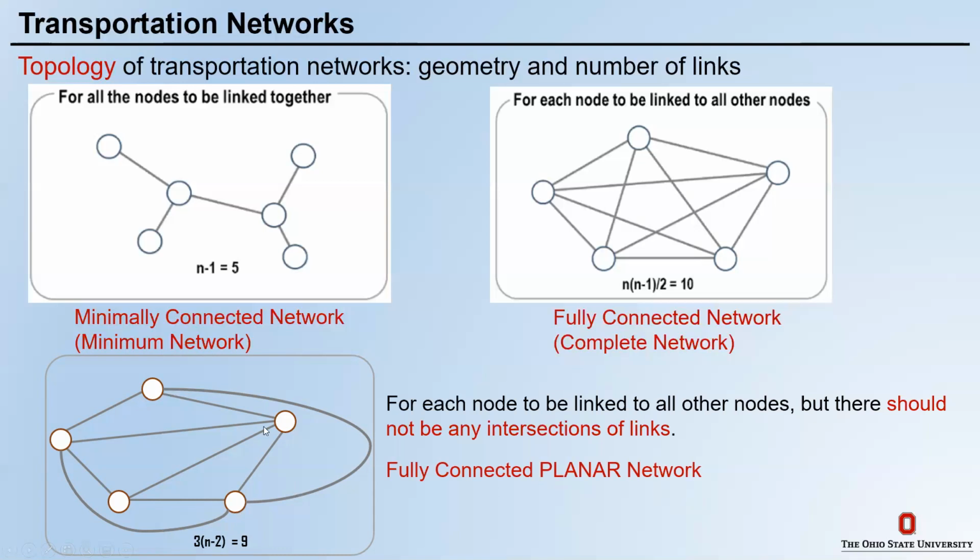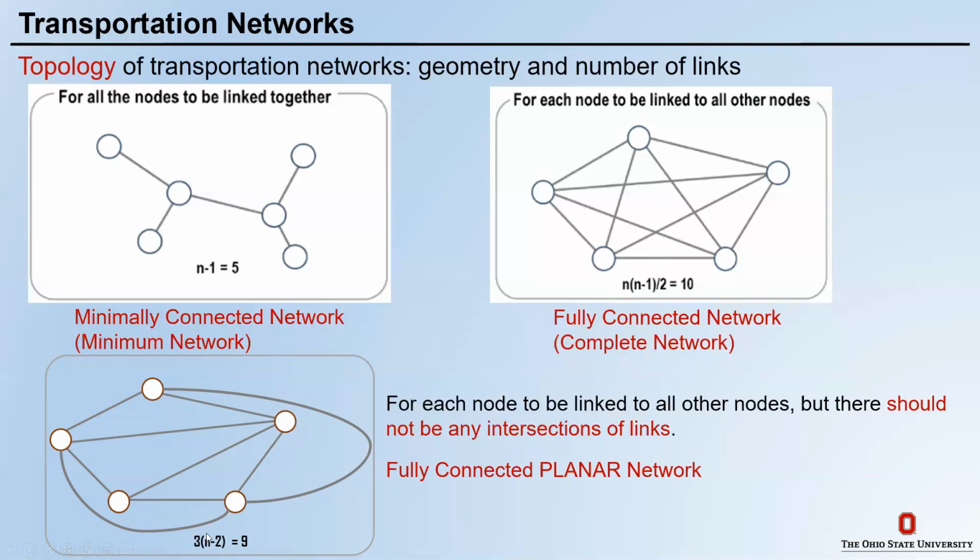Okay, for this type of network, the number of links equals 3 multiply the difference between n and 2. So here we have 1, 2, 3, 4, 5, still 5 nodes, just like this complete network, right? But the number of links here is only 3 multiply the difference between 5 and 2, which is also 3.